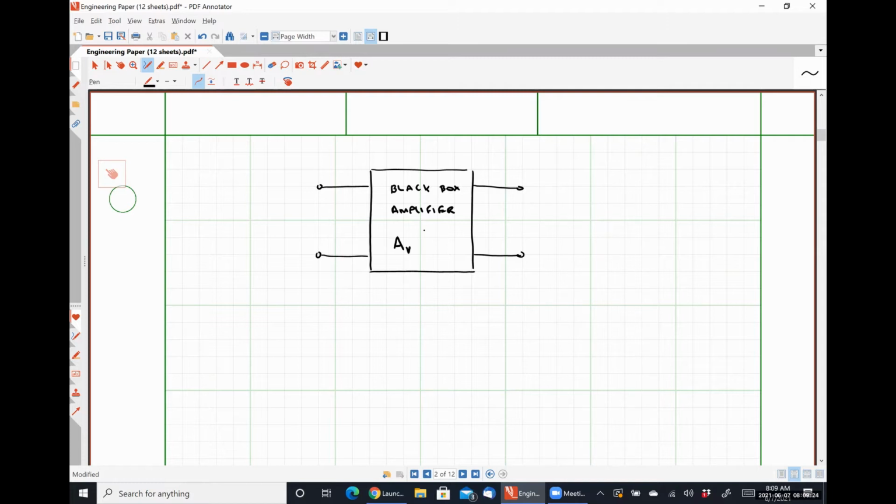So it's going to have units of volts per volts, or we consider it to be dimensionless. On the input side, we're going to connect some sort of signal source.